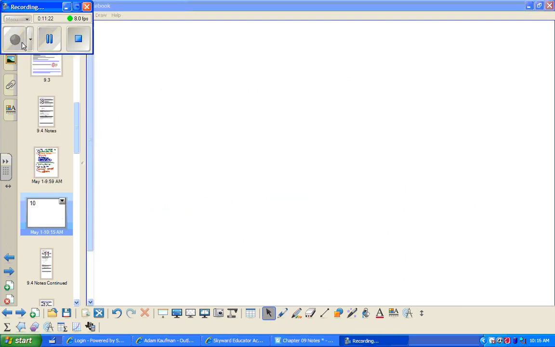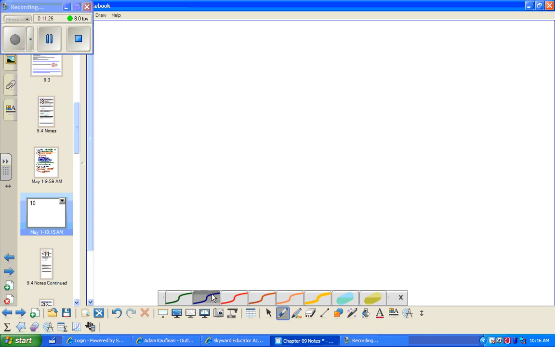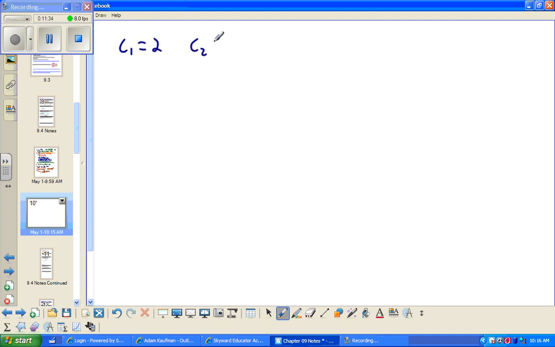If you look at problems like numbers 9 and 10 where they're defined, we call this being defined recursively, where you're given c sub 1 and you're given c sub 2, this is number 10, and then c sub k equals c sub k minus 2 plus c sub k minus 1.